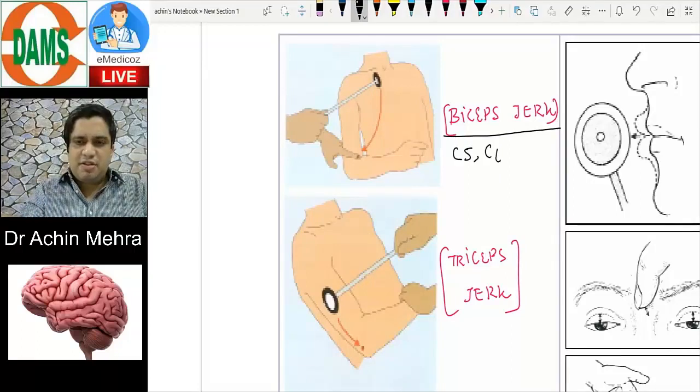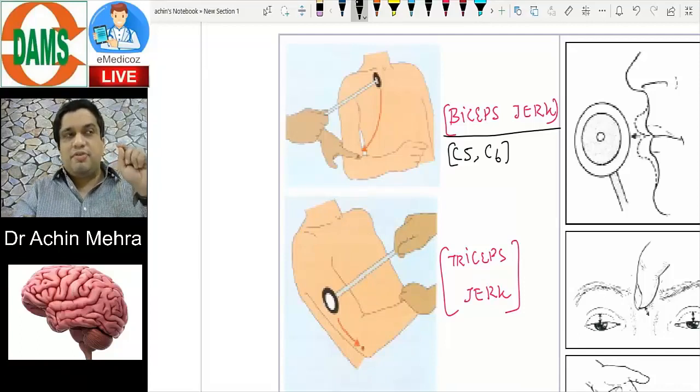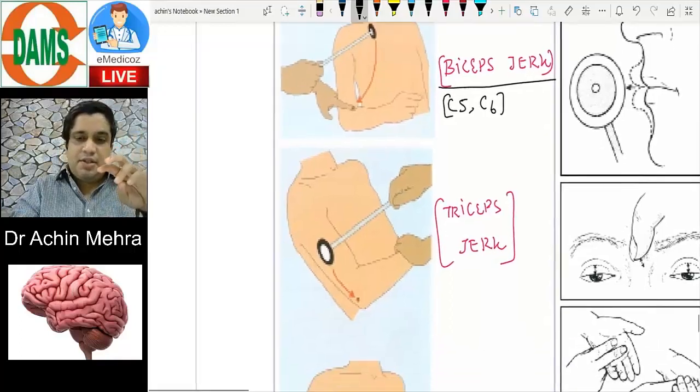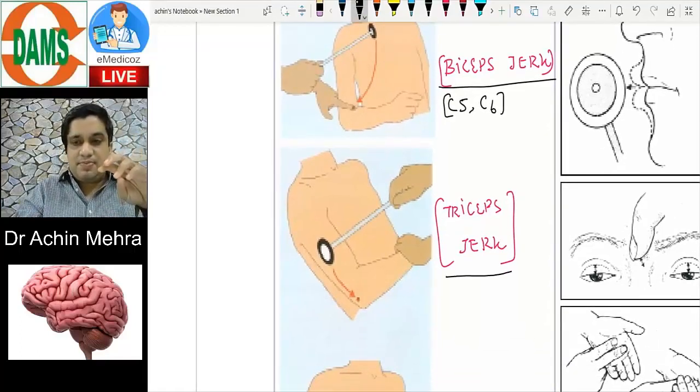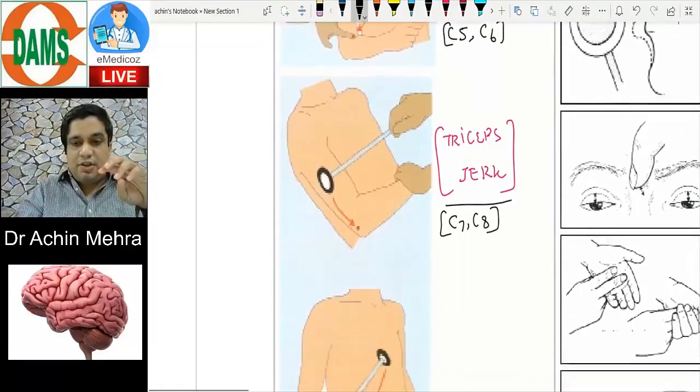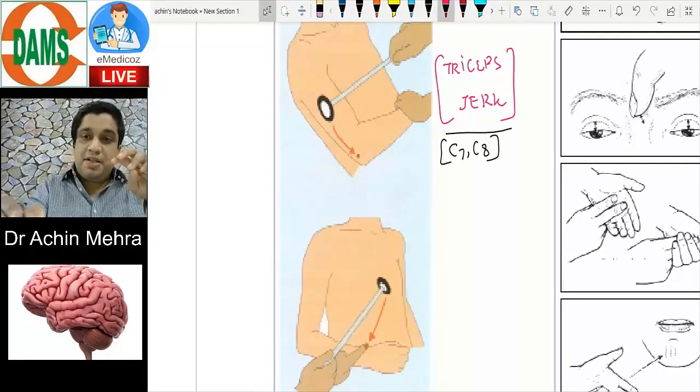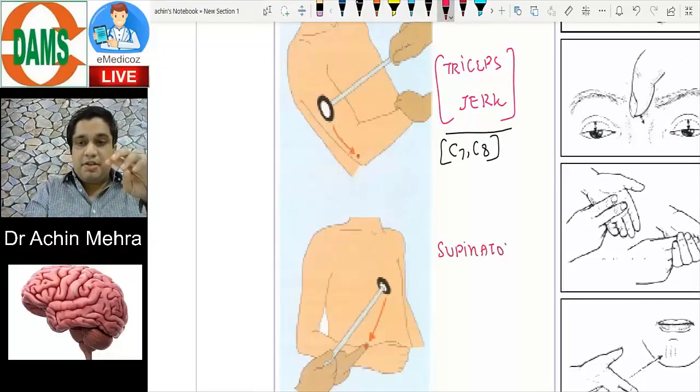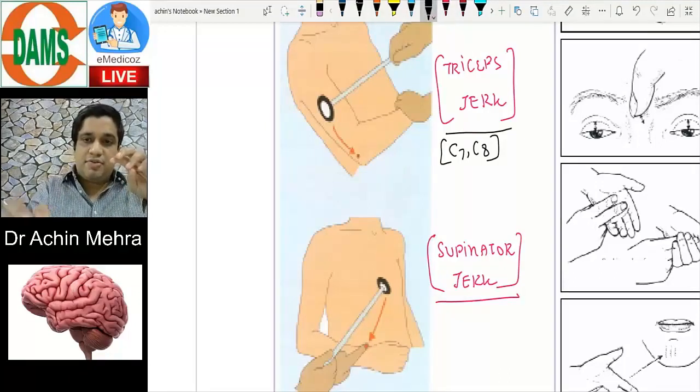There's a lot of discrepancy here because some authors have used only one root value, some have used two, but it's better if you use the two root values. That's a better answer. Triceps jerk is C7, C8. Okay, and then we have the supinator jerk, or the supinator reflex. Here again the root value is somewhere C8.